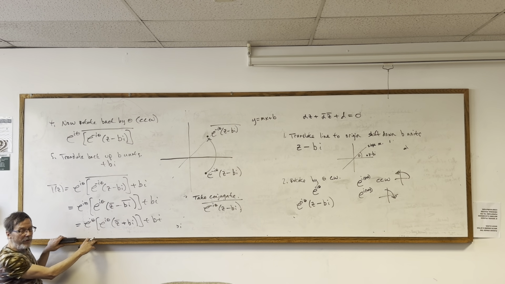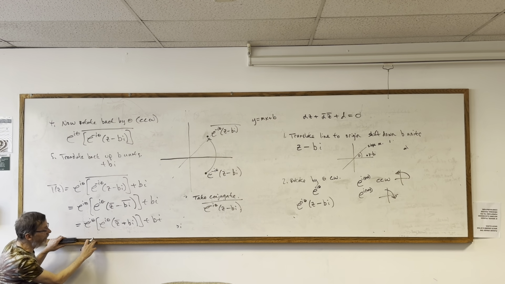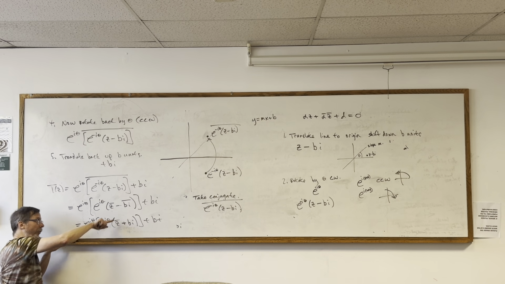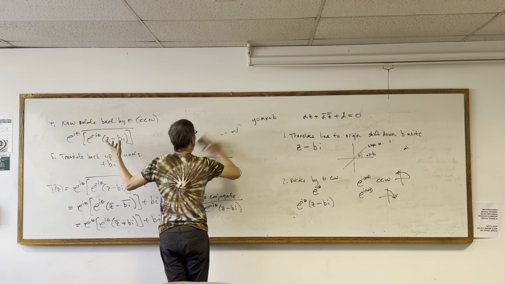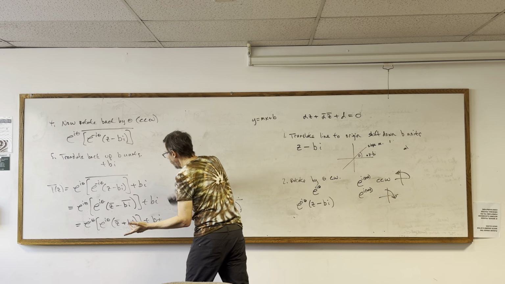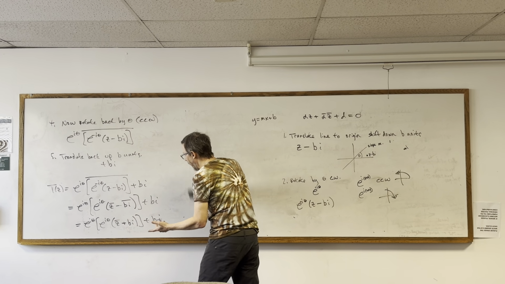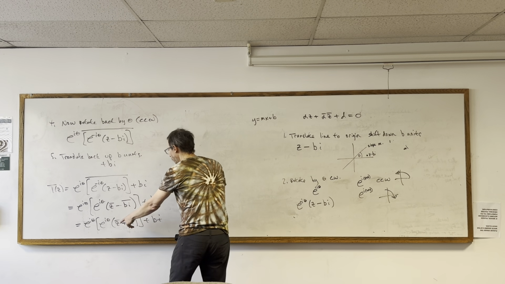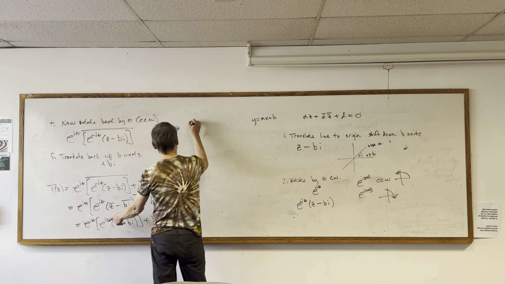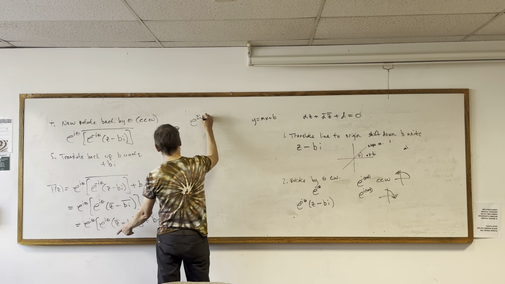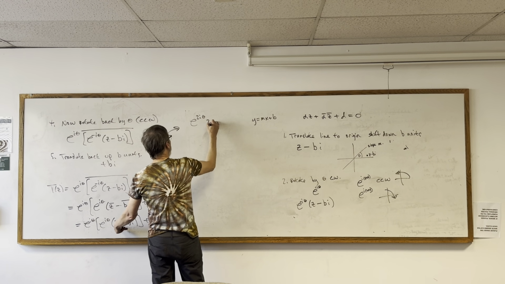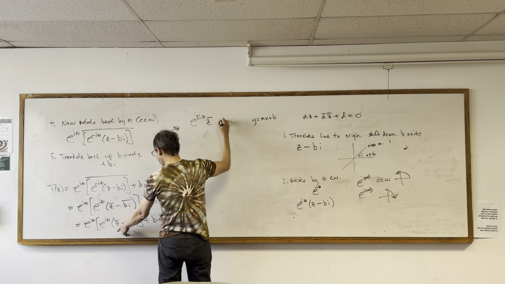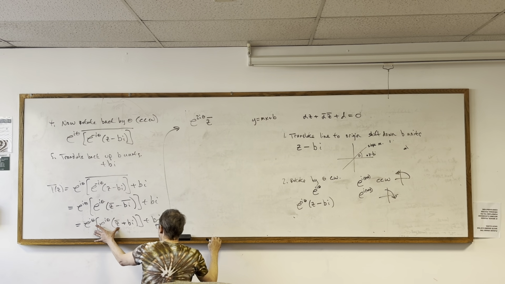Plus bi. And then lastly, I'm just going to plow through and get it into something z plus something z conjugate plus a constant. So we go all the way through. We've got e to the 2i theta z conjugate. So that's this all together.